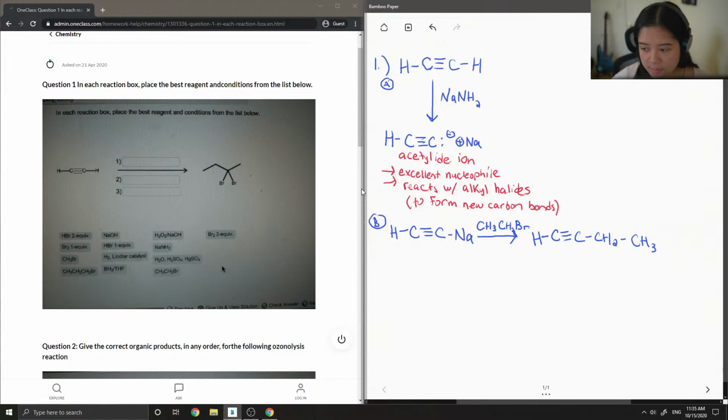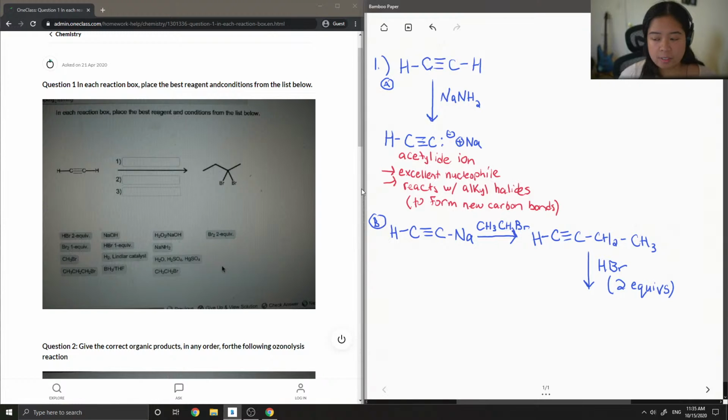Okay, so we have successfully added our new carbons, and now we want to somehow add in our bromine groups. To do that, we also want to reduce our triple bond. So we can add 2 equivalents of HBr. The first equivalent will reduce the triple bond to a double bond and also add a bromine onto one of the carbons.